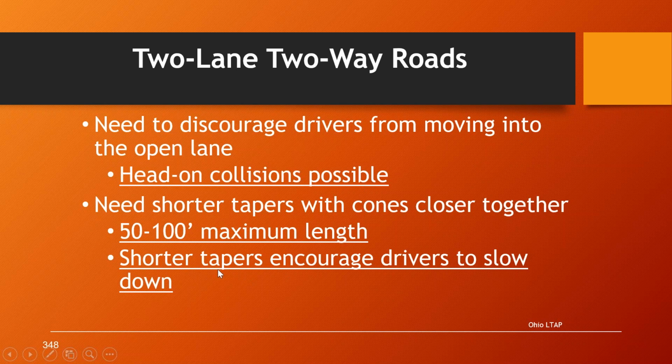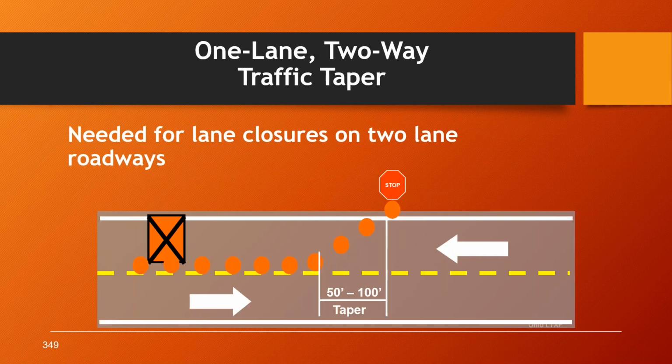We use the shorter tapers to encourage drivers to slow down. It should appear to the motorists as they approach that taper that it's a wall of cones across their lane. That's what we're shooting for. So here's a drawing to depict that. Here we have the length of the taper from 50-foot minimum to 100-foot maximum, and the flagger is standing on the shoulder at the beginning of that taper.